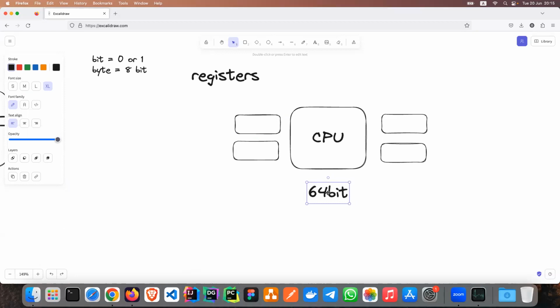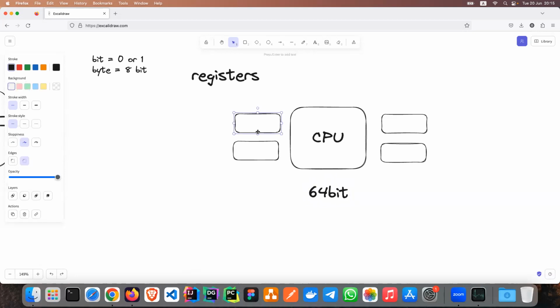Like when we had 3 bits, the maximum number was 2 to the 3 minus 1. For 64 bits, the maximum number is 2 to the power of 64 minus 1. It's a very, very large number that you don't really need to worry about, but a 64-bit CPU means that registers can hold such large numbers.